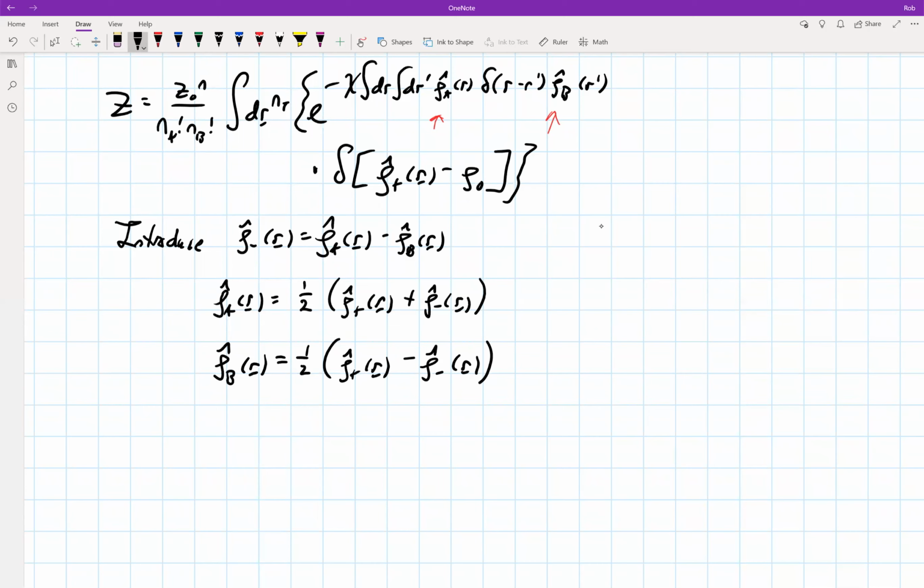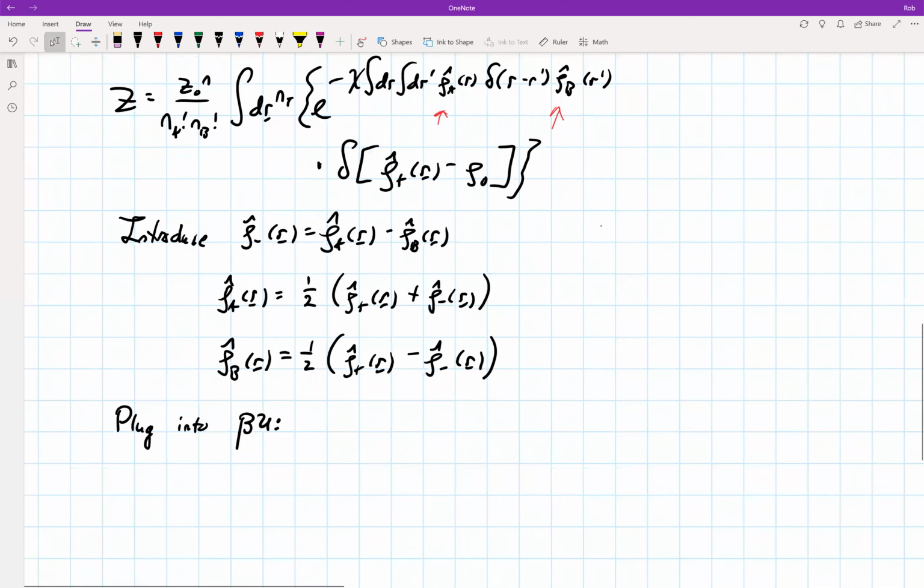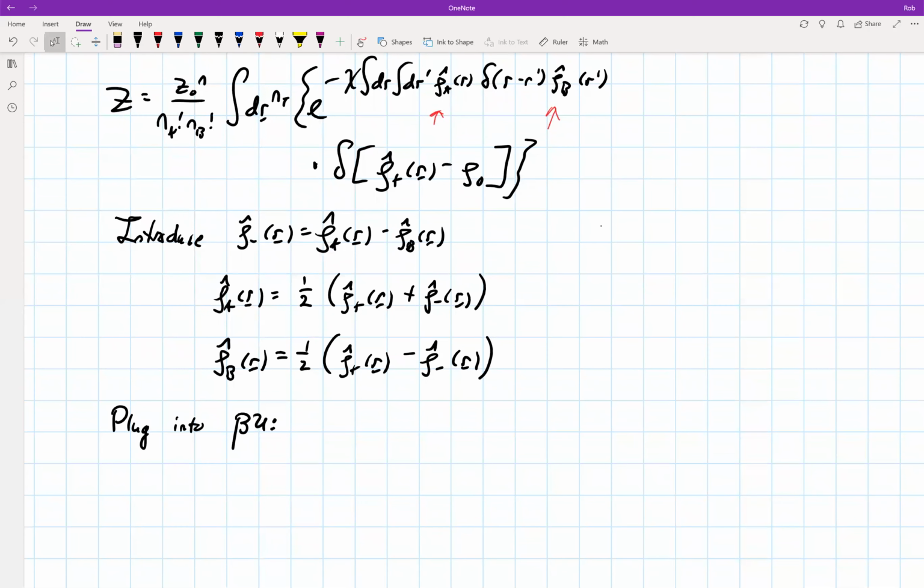And so if we plug this into the double integral that we had above, right? So we plug into beta U. And I'm just going to focus on the product of the rho hat A of r times the rho hat B of r prime.